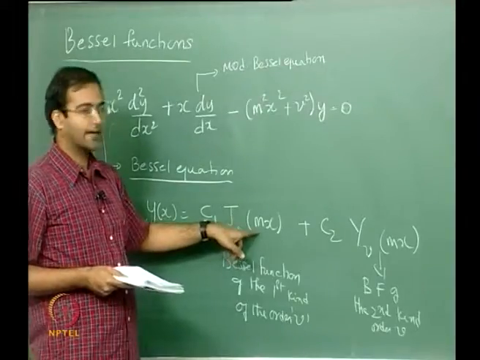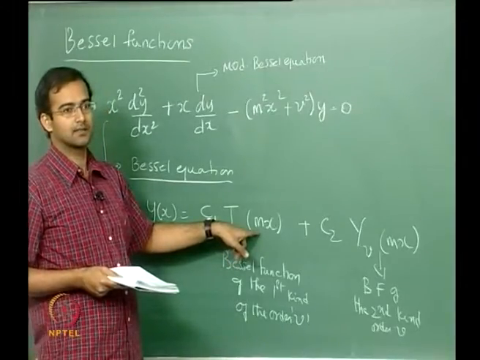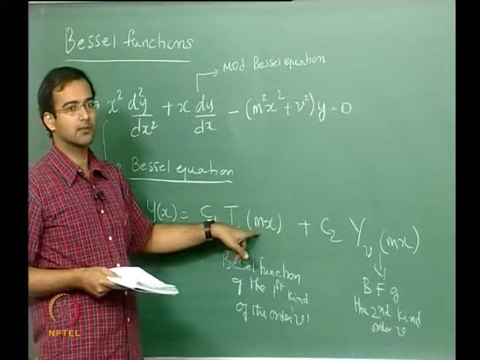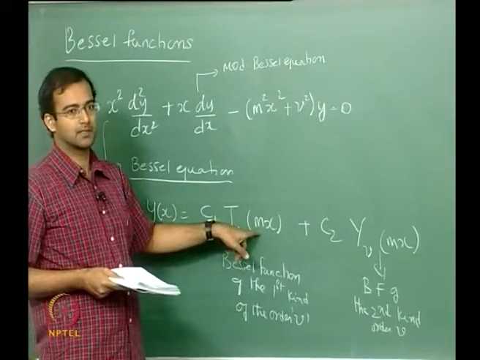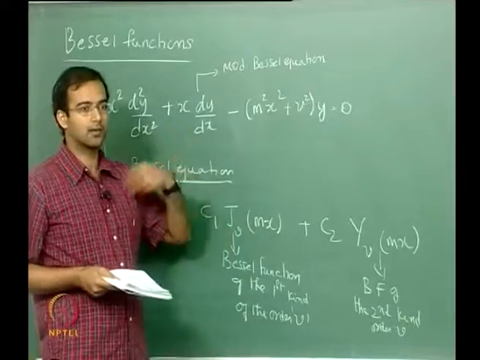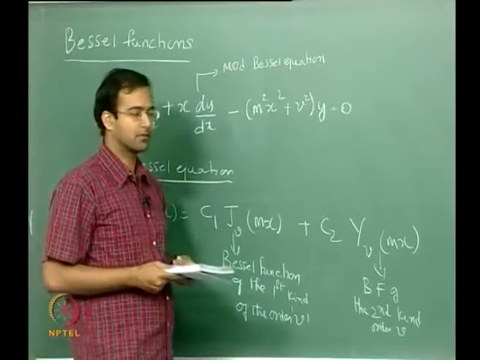So instead of writing everything in terms of imaginary functions, they have introduced what is called a modified Bessel function, which takes into account naturally the imaginary part of the coefficient.